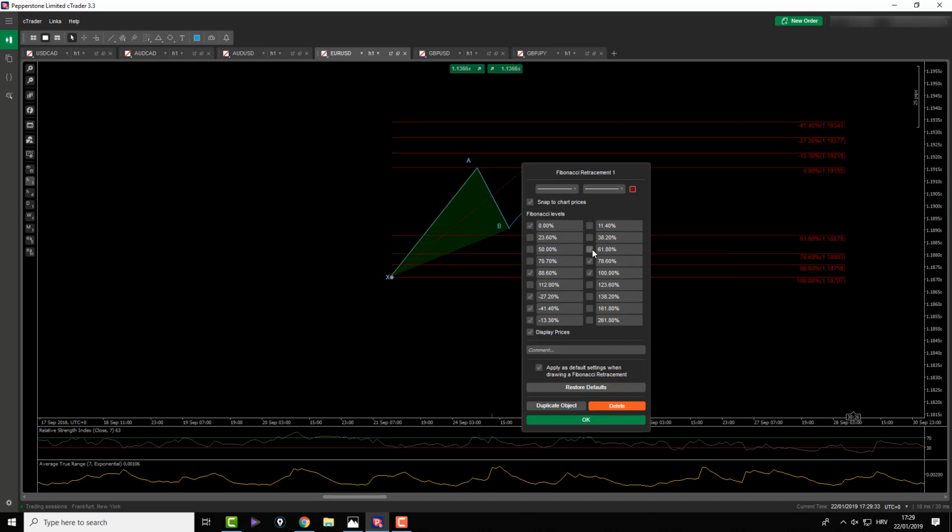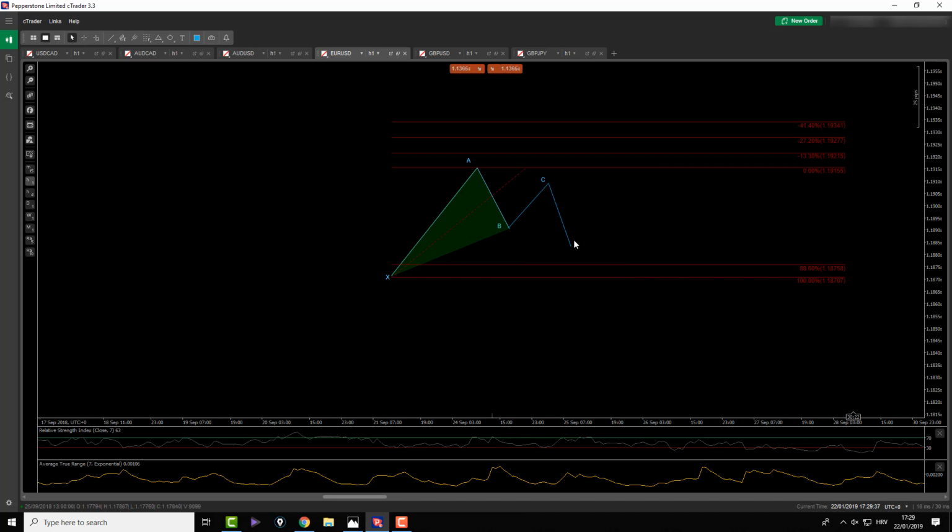We will remove everything else. So the price needs to move all the way to this point here, and when it moves, you should put your pending orders, if you were to trade it with pending orders here.